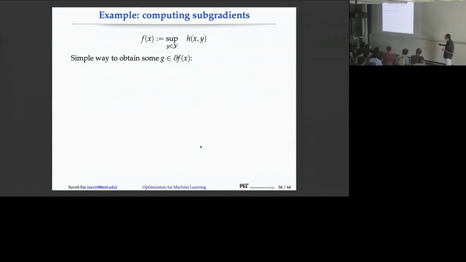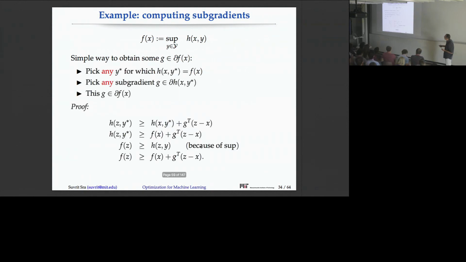You want to just compute some vector. So, a simple way to do that: pick a y star for which this thing is maximized. And then h of x comma y, h is a convex function in x for every y. Just pick a subgradient of that. And one has to, of course, prove that.